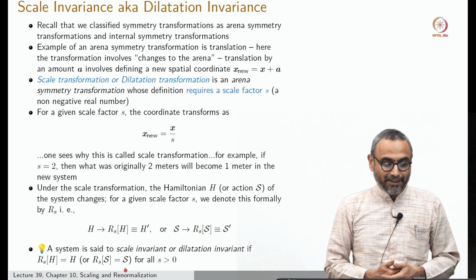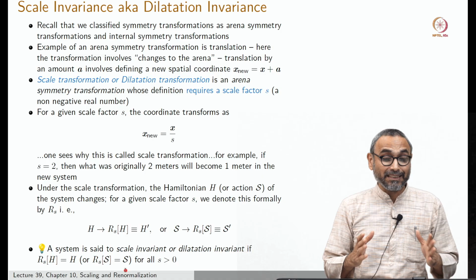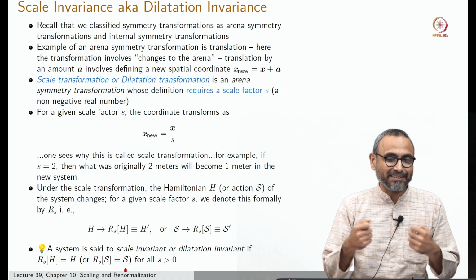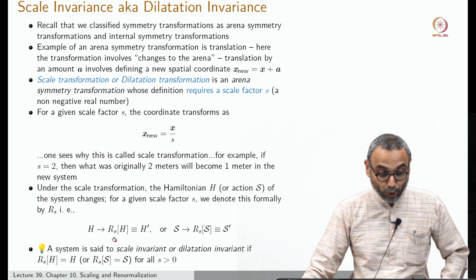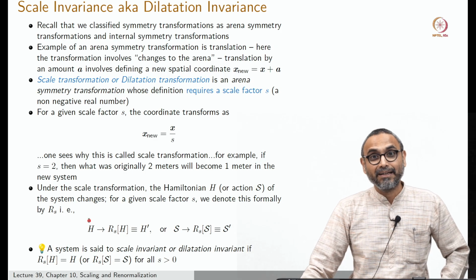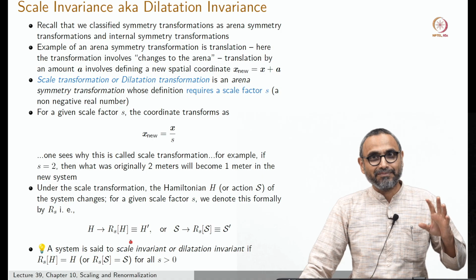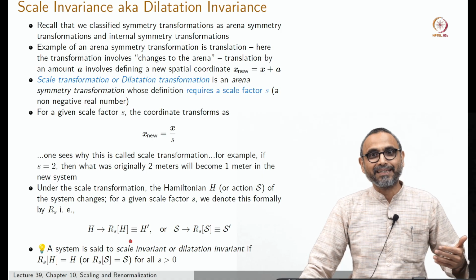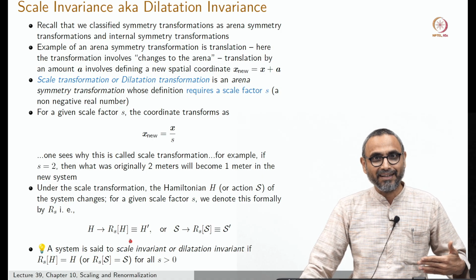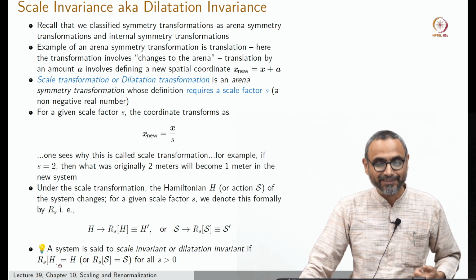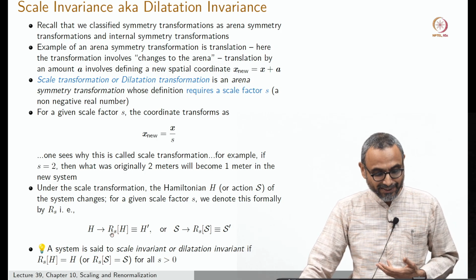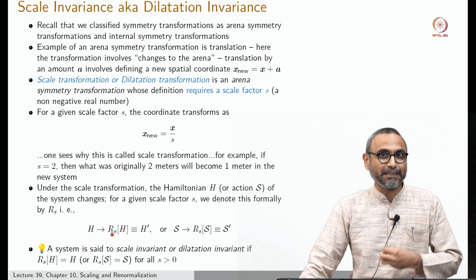Okay. So what we have done is we have formally defined this scale invariance. Mind you, I have not told you how to actually implement RS of H. I have just taken for granted that such a definition is possible, and I'm now using this possibility to define when a system is scale invariant.